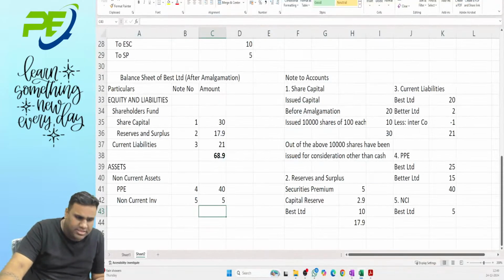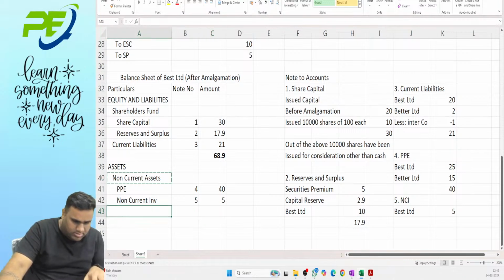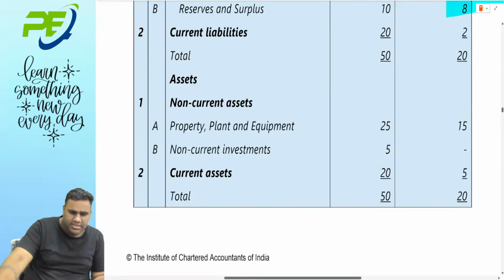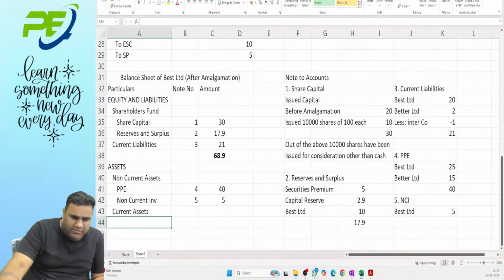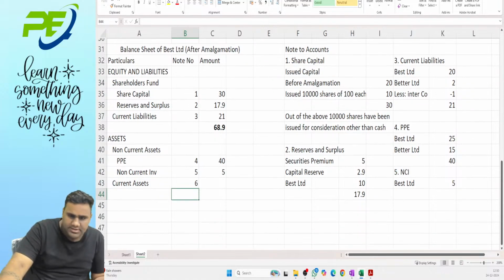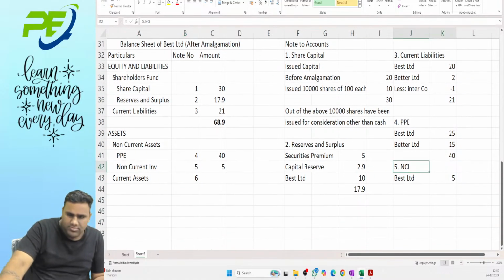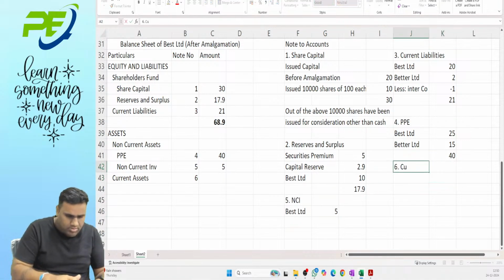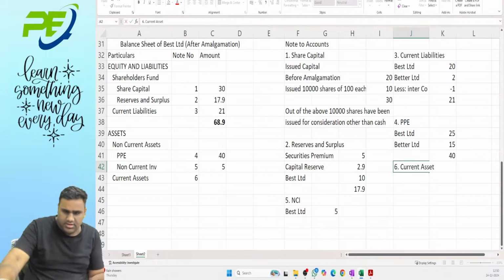Then current assets. Breakup is not given, but we have to prepare a note. Note number 6, current asset.